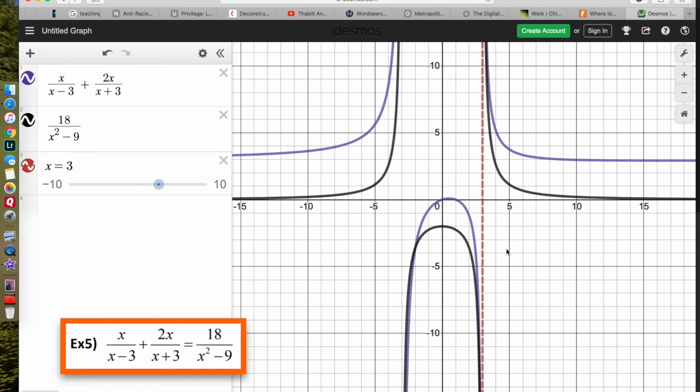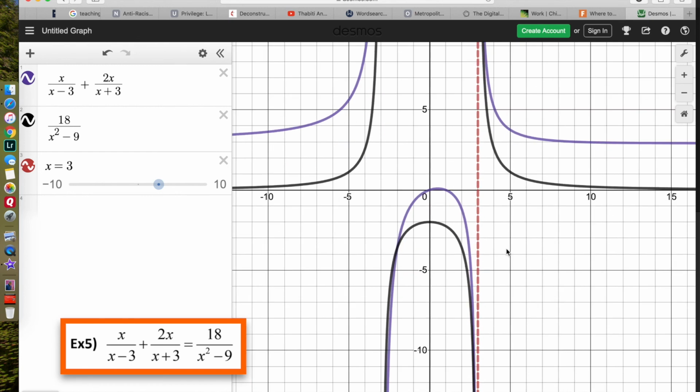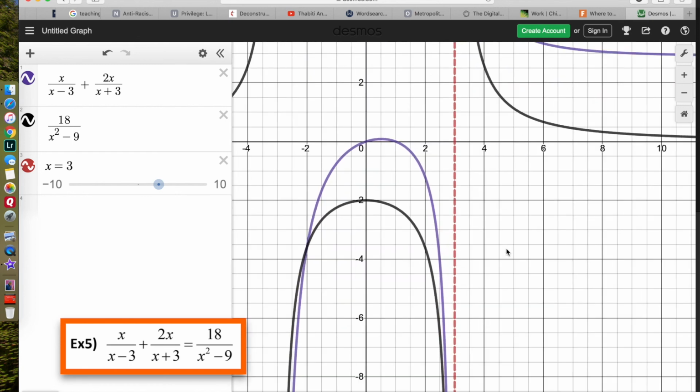And then I can zoom out and say, yeah, that pretty much looks like an asymptote. In fact it's an asymptote for both graphs, although it doesn't have to be. If it's an asymptote for either graph, there's no way that the graphs can share an x value at that point. And so your solution for number 5 is just x equals -2.